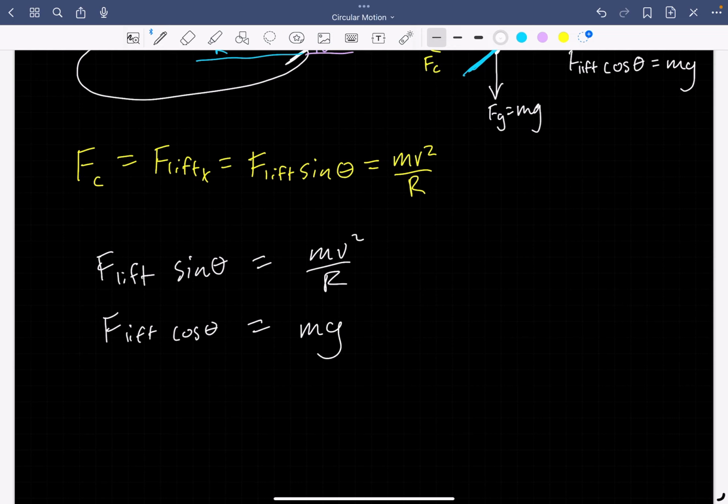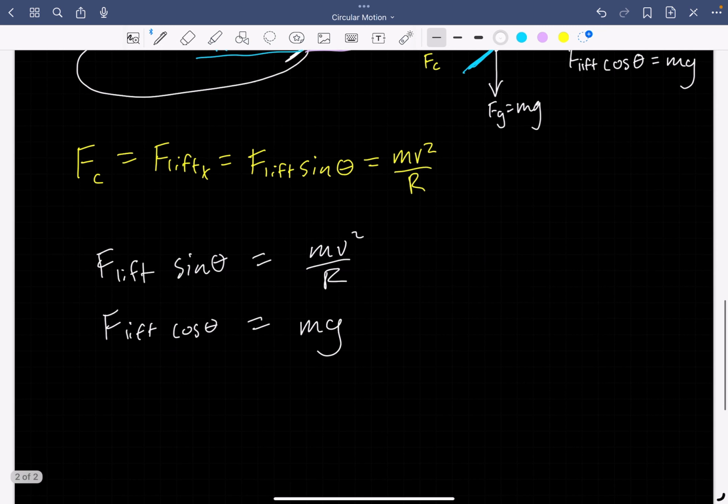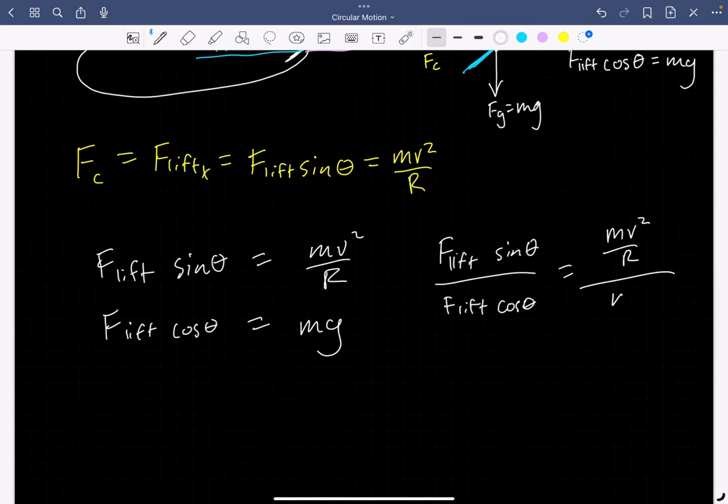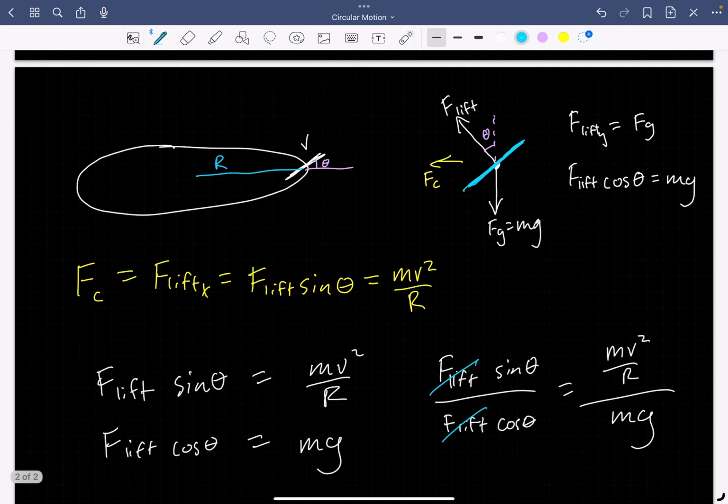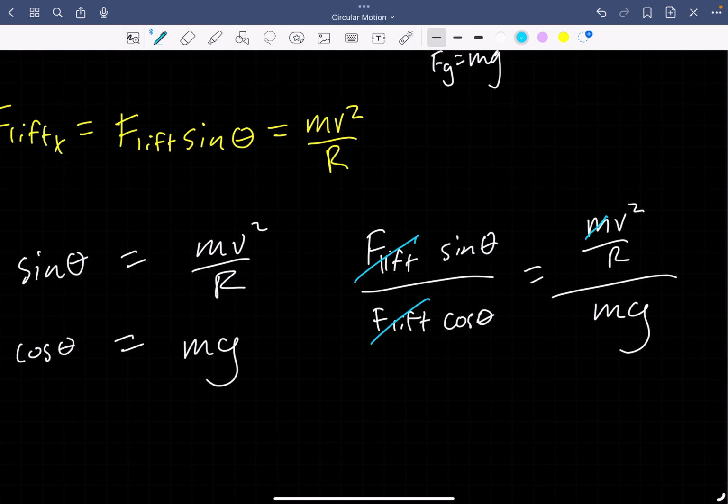If we divide this top expression by the bottom expression, we get that F lift sine theta divided by F lift cosine theta is equal to mv squared over r divided by mg. And now we see that a few terms cancel here. So we can cancel the lift force. In this case, we don't even need to find what the lift force is to calculate the angle. And then we can also cancel mass here.